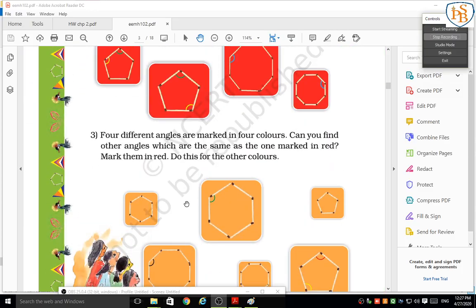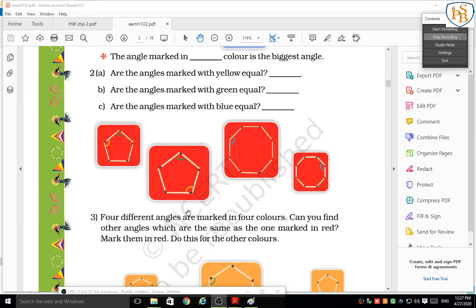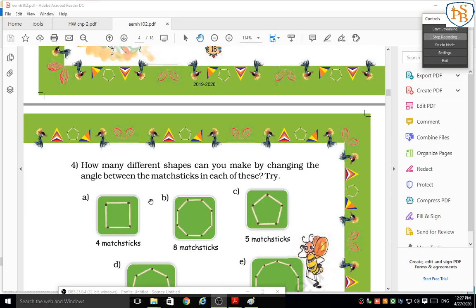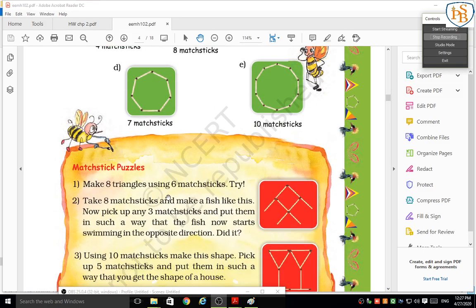After that we learned that shapes with 1, 2, 3, 4, 5 sides, and supposed we have a 5-sided shape, then how many angles are there? 6-sided shape, 7-sided shape, correct? We all learned this in the last two sessions.